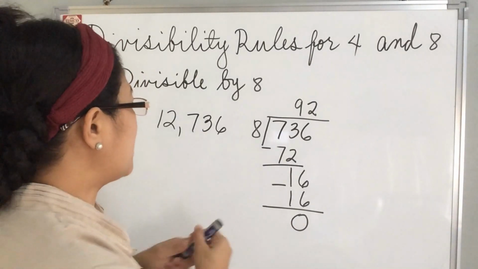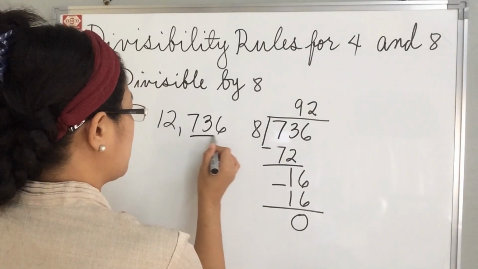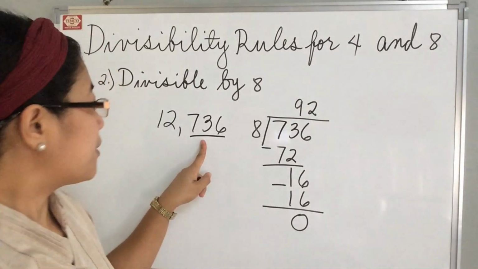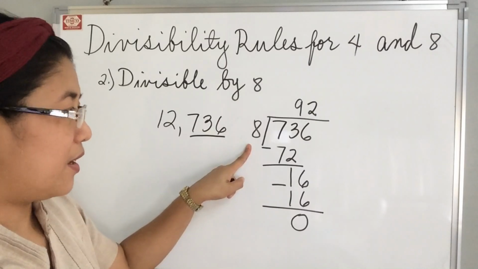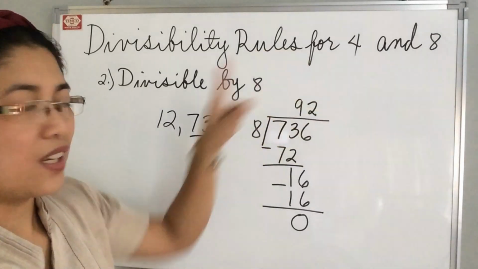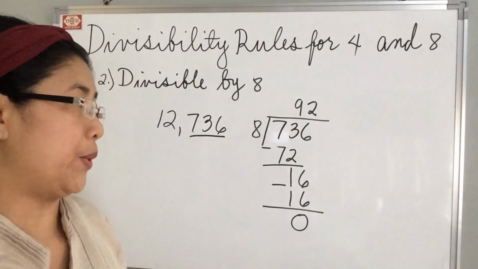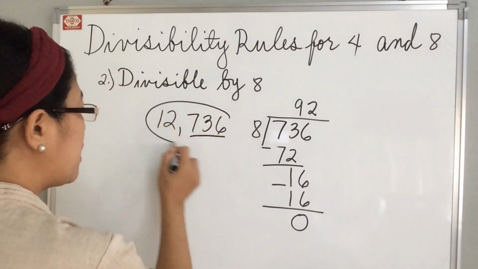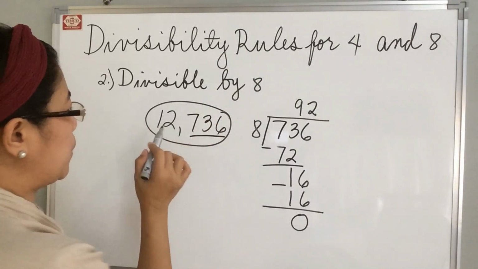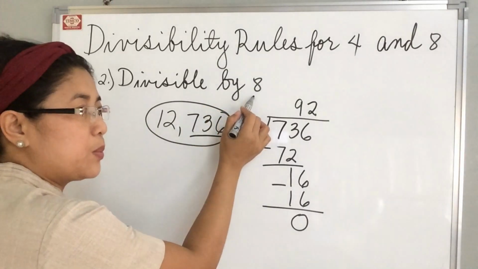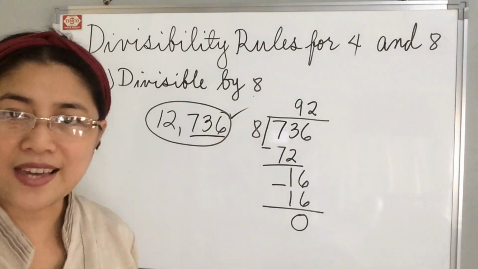So, is the number formed by the last 3 digits divisible by 8? Yes, because it has 92 as a quotient, a whole number. So therefore, this whole number, 12,736, is divisible by 8.